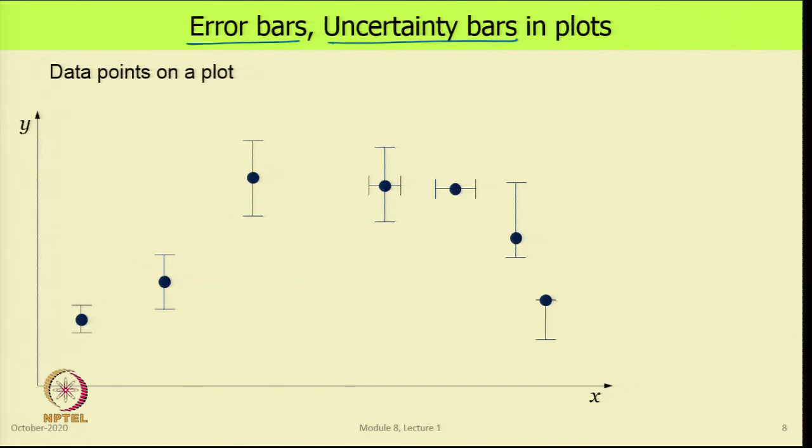So, a typical graph would look like this, that on this axis we have x, this we have y, and we have put our data points over there.